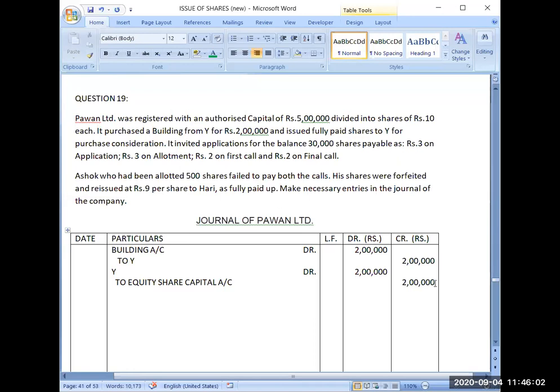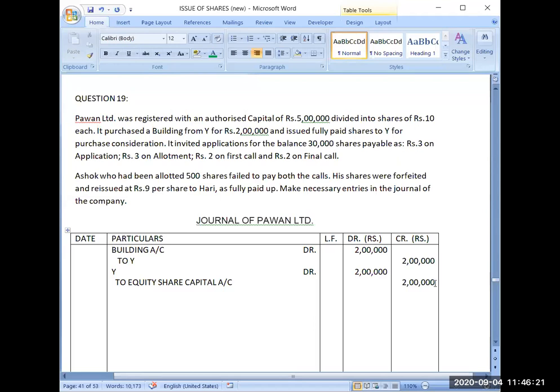They are authorized for 50,000 shares because the capital will be divided by the face value, and you will get the number of shares. They have issued 20,000 shares to Y for purchasing a building. Now the rest of the 30,000 has been told further.